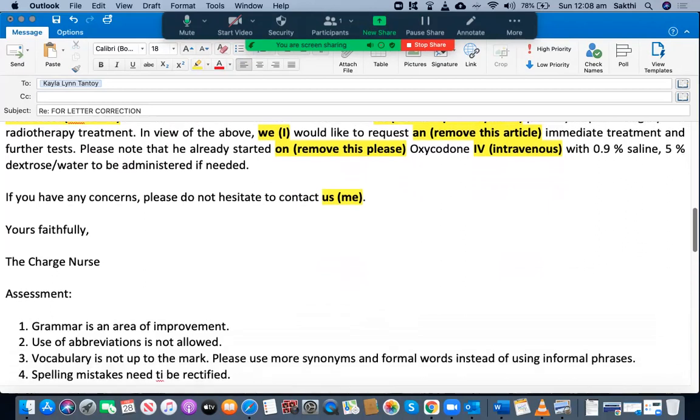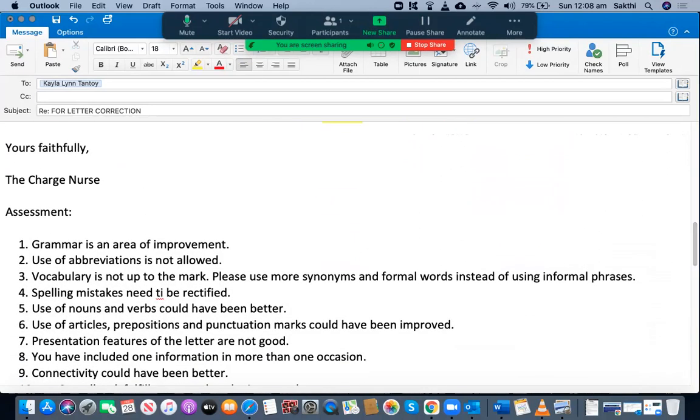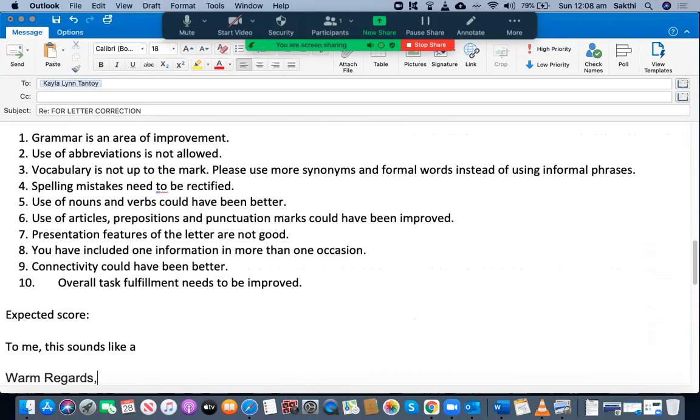Okay, 25. All right. But the majority of them are the major ones, unfortunately. According to me, this one sounds like a 270 out of 500 graded letter.